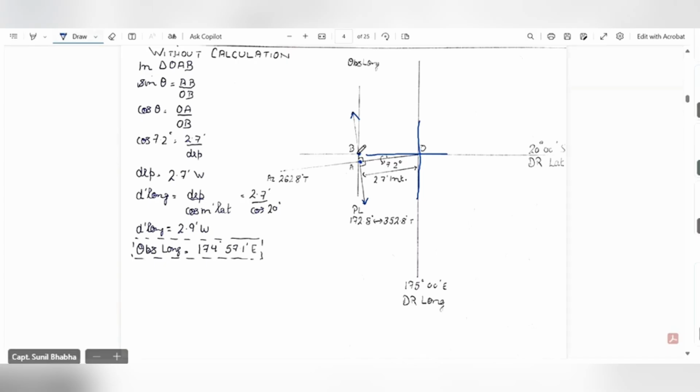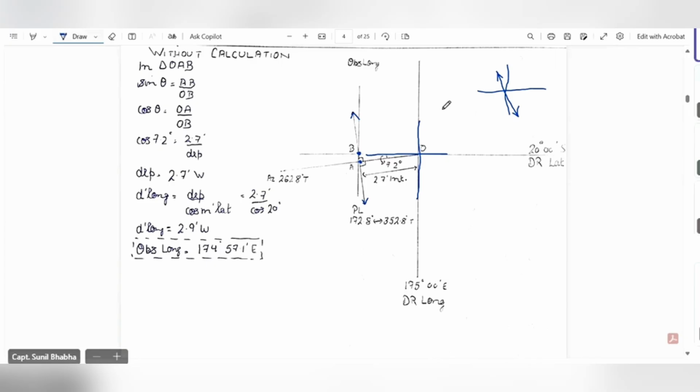Yes, correct, sir. Okay. And if you now remember the long by Cron method, we find out the longitude where the PL is cutting the DR lat. The reference point is the DR latitude, observed longitude, and the PL passes from there. So long by Cron gives us the longitude of that point where the PL crosses the DR latitude, right, beta?